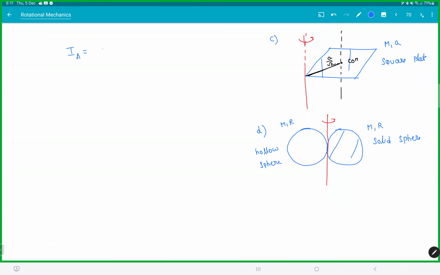So I about the corner is ma square by 6, that is the moment of inertia about center of mass, plus m into a by root 2 whole square. That gives 2 by 3 ma square. What about this one? So the main idea is that you always take the distances from the center of mass.